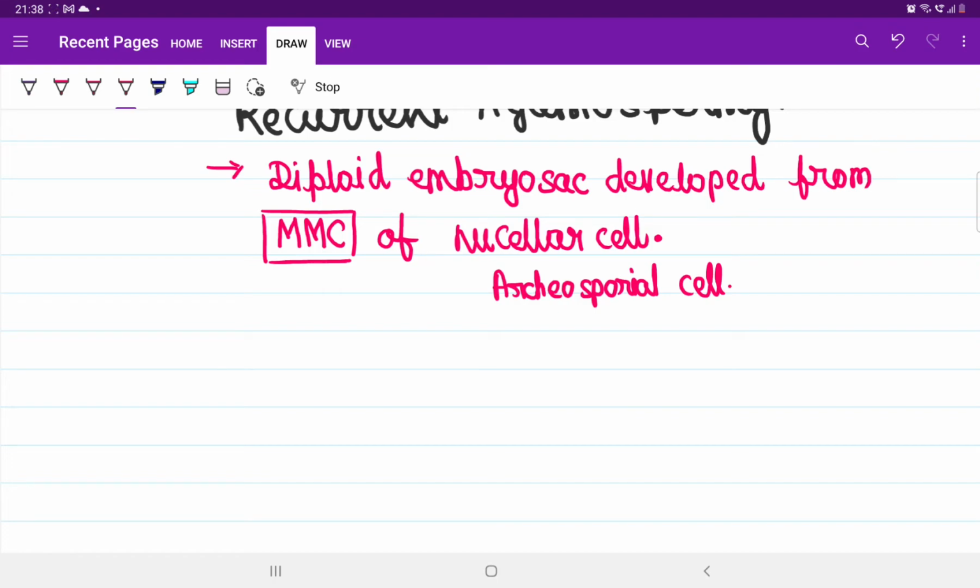The megaspore mother cell is a diploid cell. If the megaspore mother cell develops directly into the embryo, we call it recurrent agamospermy.